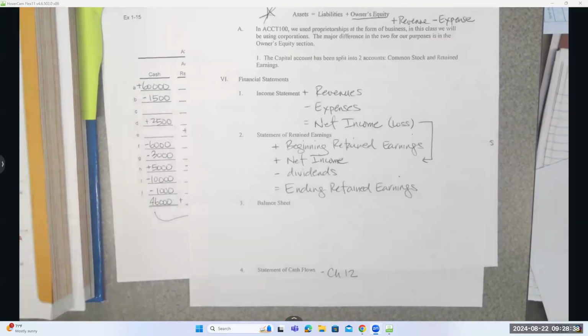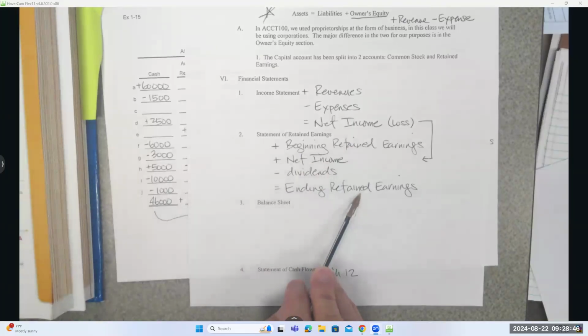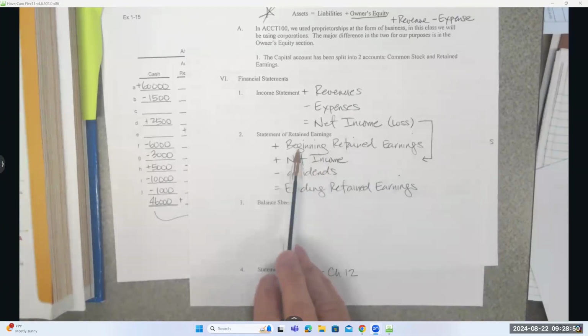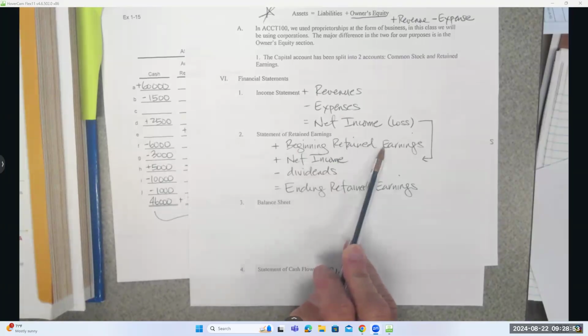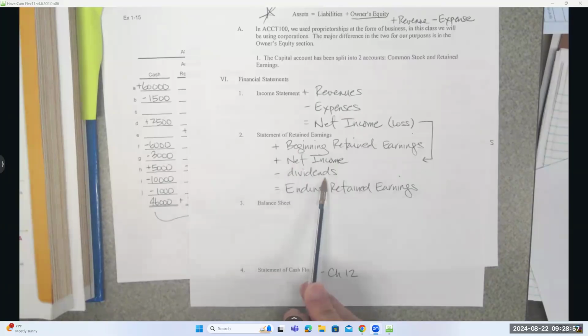It should look fairly familiar because when we were a sole proprietor, it was beginning capital plus net income minus drawing equals ending capital. And now that we're a corporation, we changed the names. It's beginning retained earnings, because our invested equity is separate, plus net income minus dividends, because it's a name change, equals ending.